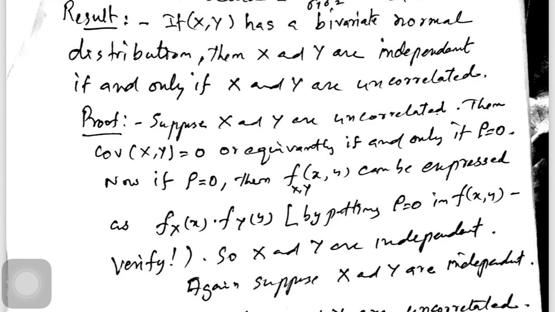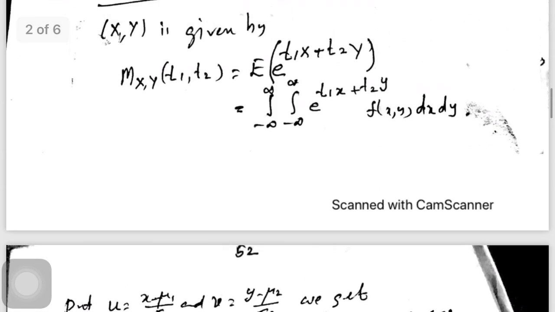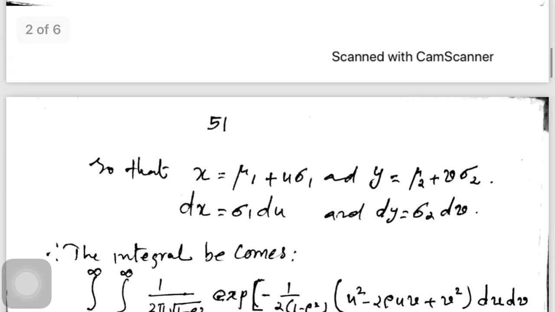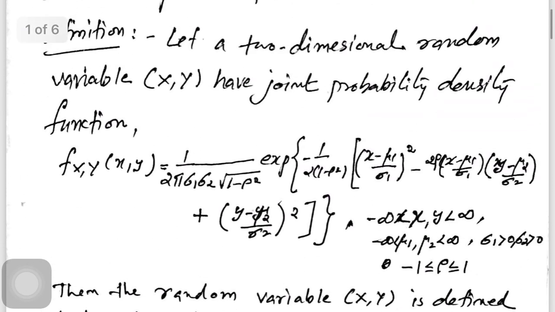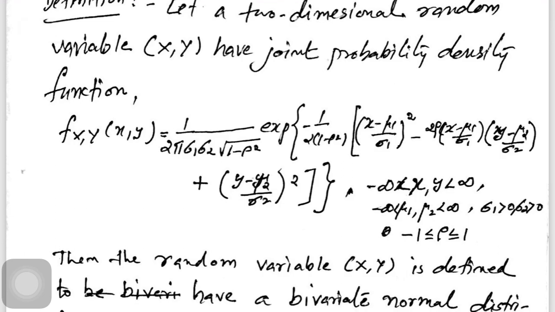And you can show this. You put rho equal to 0. Then f of xy, that is the joint density of x and y, can be expressed as fx fy. Why? You put rho equal to 0 in the joint density. We have discussed the joint density earlier. You can see that this is the joint density expression, and you put rho equal to 0 in this expression.